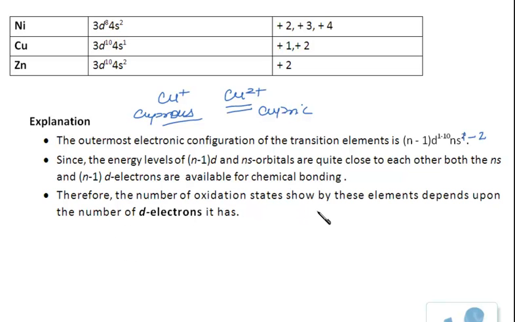Therefore, the number of oxidation states shown by these elements depends upon the number of d electrons it has. Their energies are comparable, so the electrons of d orbital as well as s orbital can be used for chemical bonding.